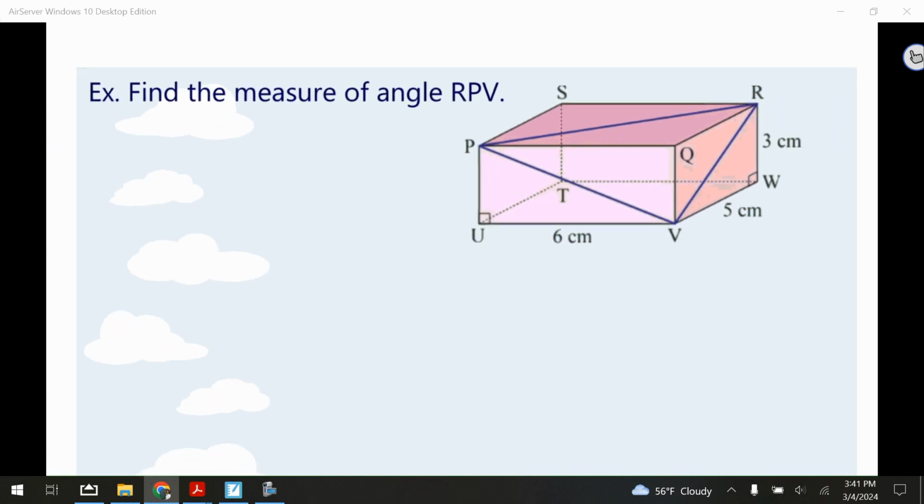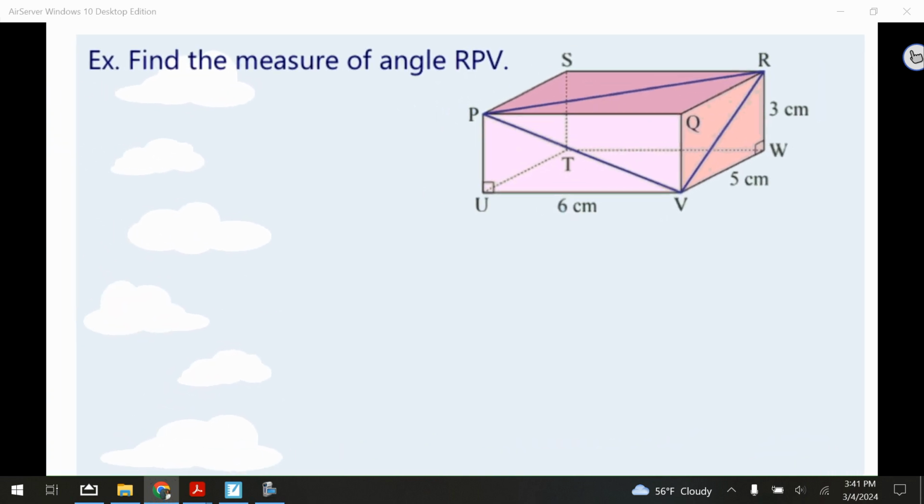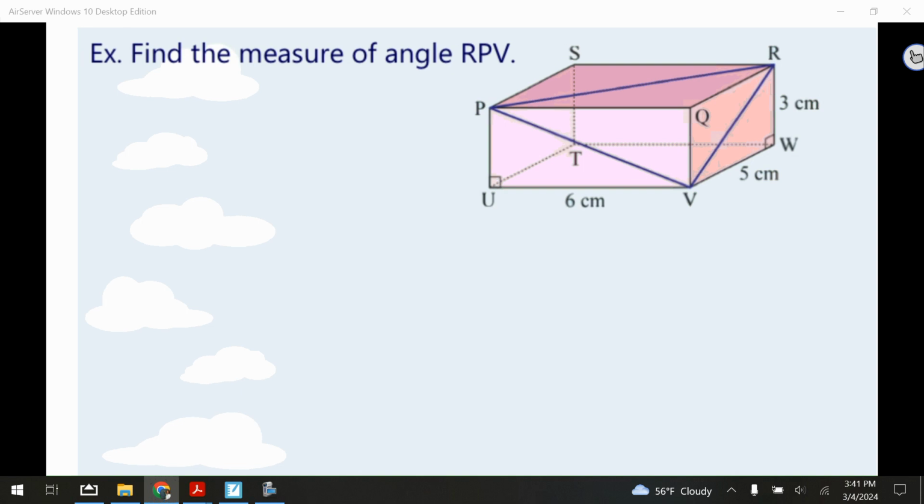This one is looking at a box. Find the measure of angle RPV. RPV, so the middle letter gives the location of the angle.